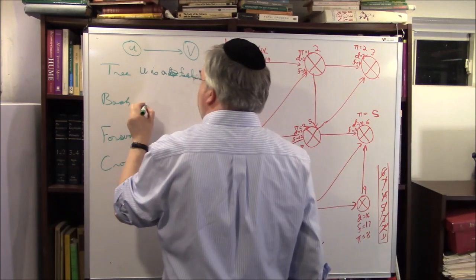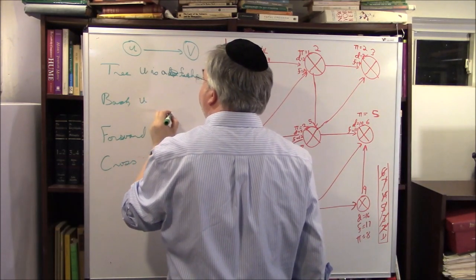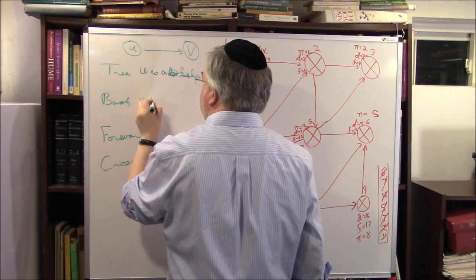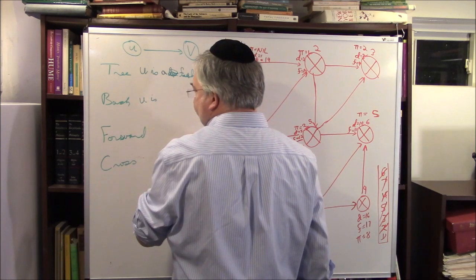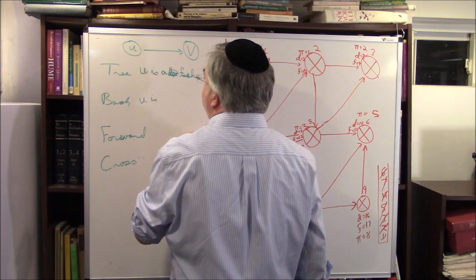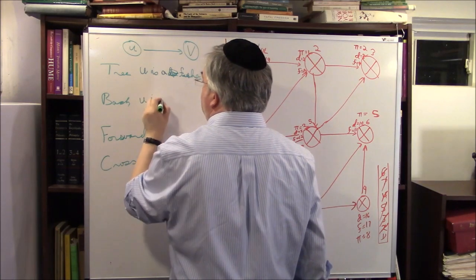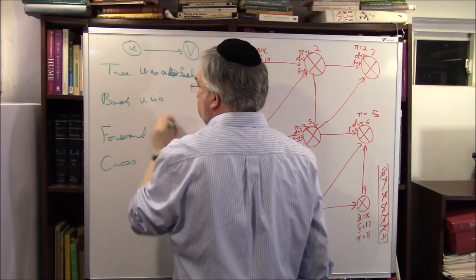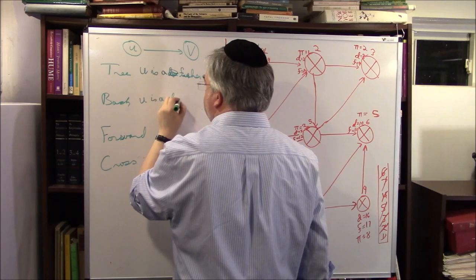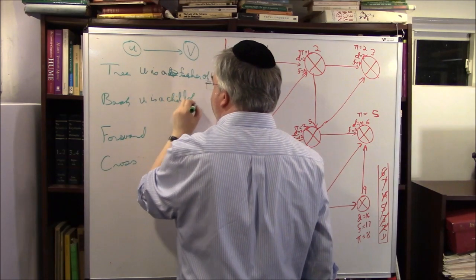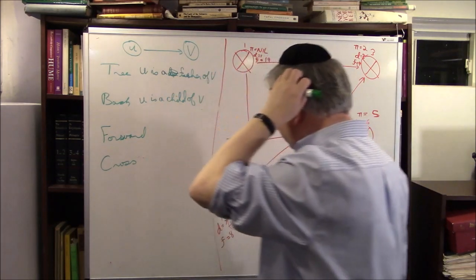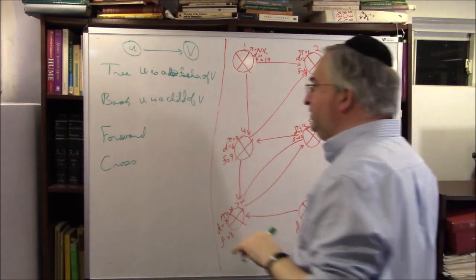Here, U is a child of V. It's going backwards, you'll understand in a second.